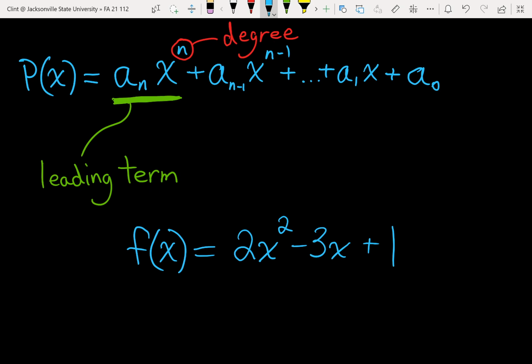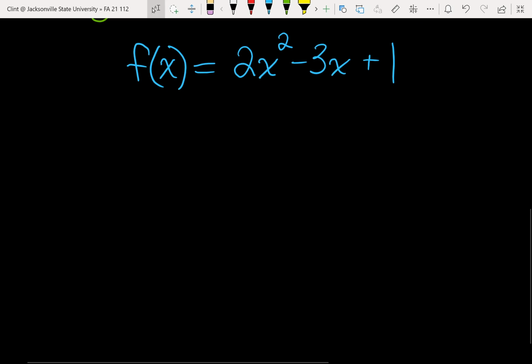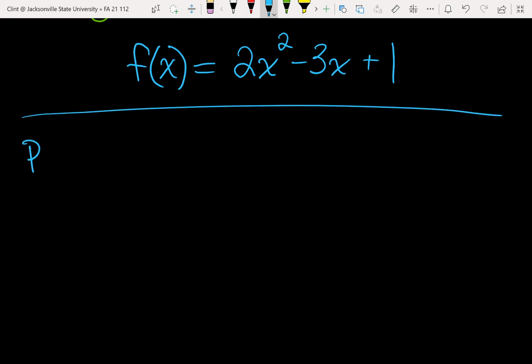Okay, so there are some general things we can say about the graphs of polynomials. Anything you can write down like this, starting at whatever power you want to, we can start at x to the 99th and count down, this is still going to be true. So any polynomial you can think of, we can say this fact about its graph.